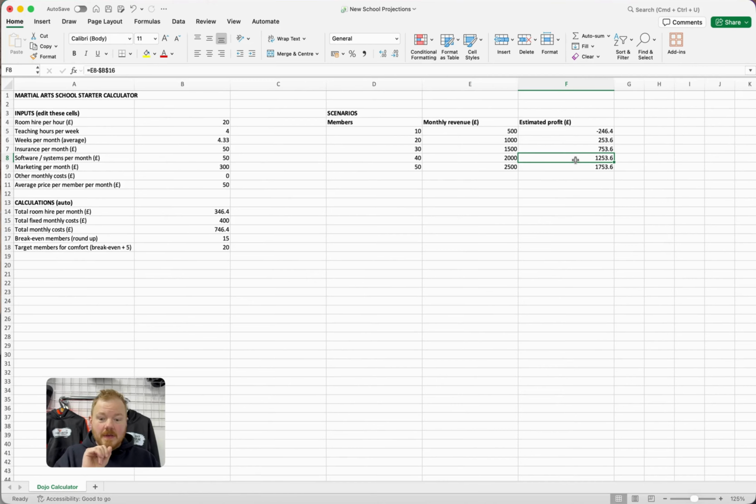The other thing we've got to take into account is if we want to increase the classes, then the actual outgoings only go up a little bit, because even though it's 4 teaching hours, you've got to take into account getting to the venue. The venue might be 20, 30 minutes away. You've got to then do any setup that you need.